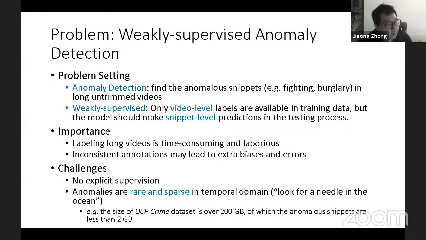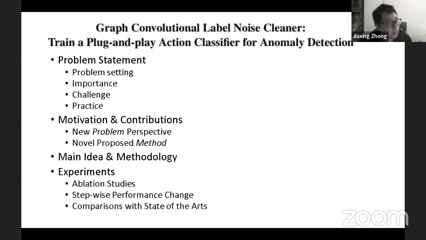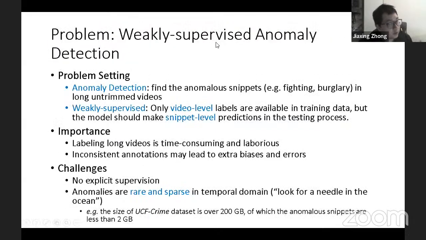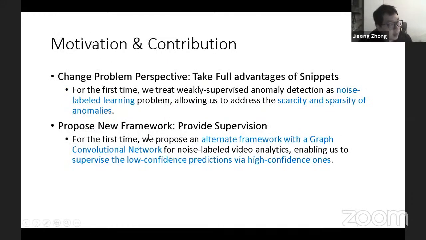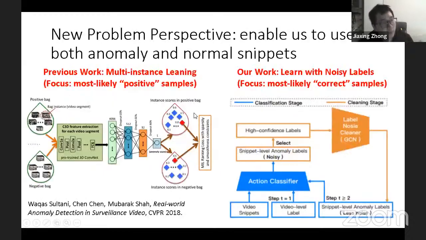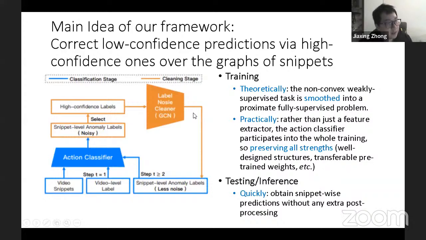In this work, we are trying to bridge the gap between the weakly supervised detection problem and the fully supervised classification problem. But it also uses a very simple idea. We use the high confidence predictions as the ground truth.